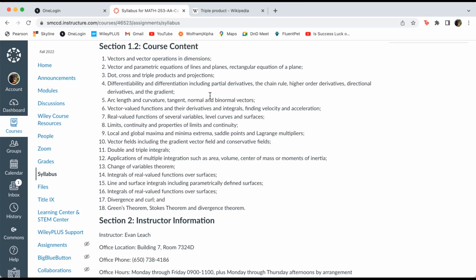Limits, continuity, and properties of limits and continuity. I didn't really justify that we could take all those ideas that are applied to functions of one variable and now apply them to functions of two variables. This was like that last section in chapter 12 where I skipped trying to justify limits and continuity.